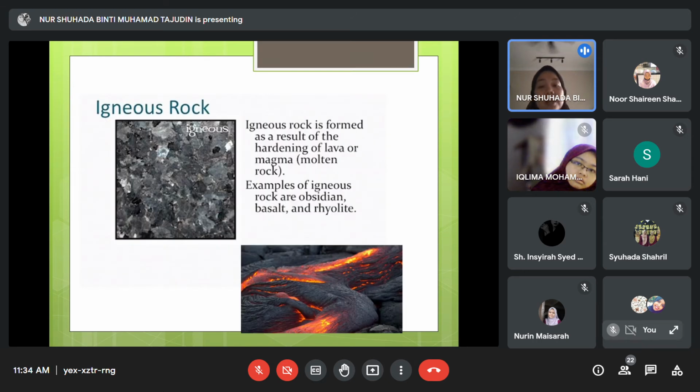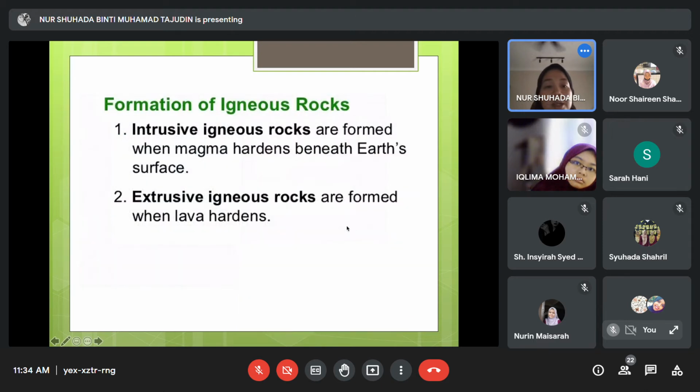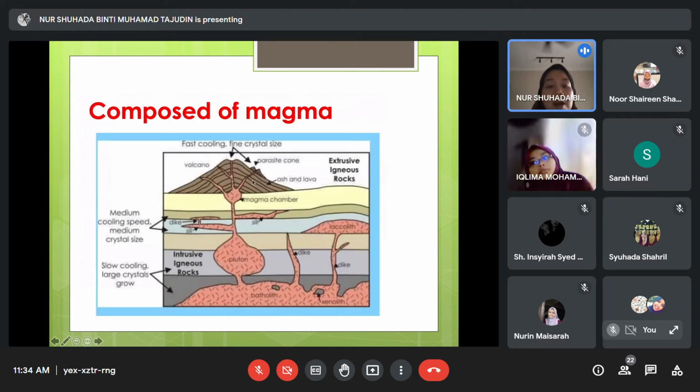So igneous rock is formed as a result of hardening lava or magma. Okay, for example, we have igneous rocks obsidian, basalt, and rhyolite. Okay, so we have two types of igneous rock, what we call intrusive igneous rock and also extrusive. So intrusive are formed inside the earth.